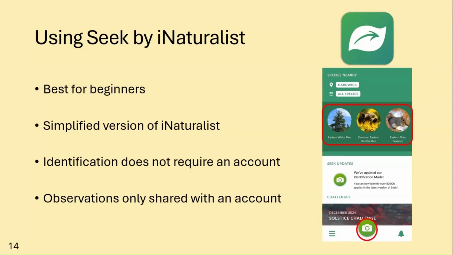Most abundant species in the area are listed by other observers at the top. To make an observation yourself, similar to the other iNaturalist apps, you press the bottom camera button, which opens the AI camera similar to updated iNaturalist. An account is required for sharing observations with science and the community, and that is an important limitation of the Seek app.